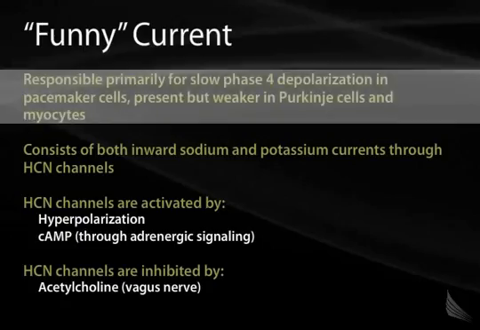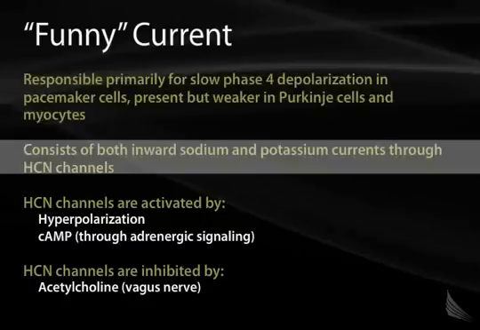The funny current is what's responsible for the phase 4 depolarization in pacemaker cells. It's also present, but is much weaker in Purkinje cells and in myocytes. The funny current is what makes a pacemaker cell a pacemaker cell. It has recently been shown to consist of both inward sodium and potassium currents through channels called HCN channels.